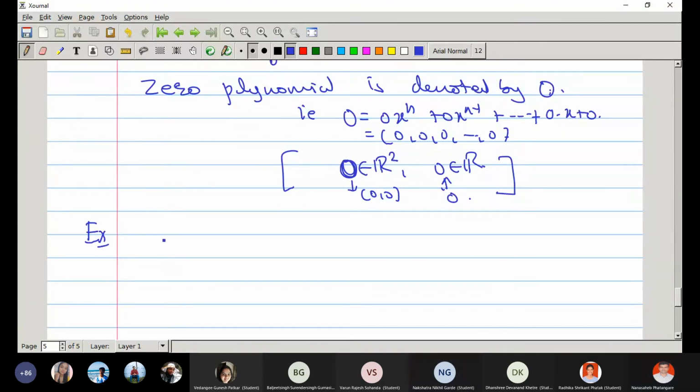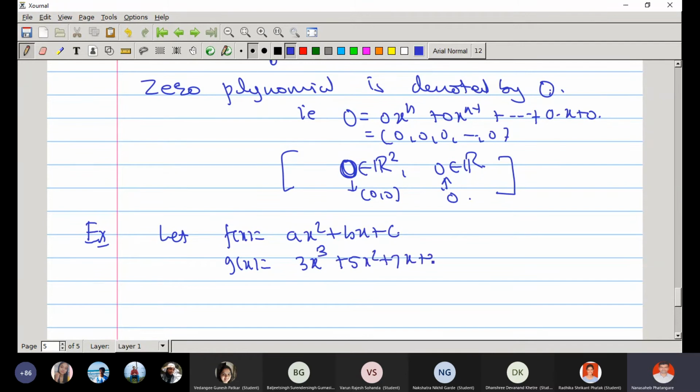Okay, so let f(x) be equal to ax square plus bx plus c, and g(x) is equal to dx cube plus 5x square plus 7x plus 9. If f(x) minus g(x) is the zero polynomial, then what are the values of a, b, c?